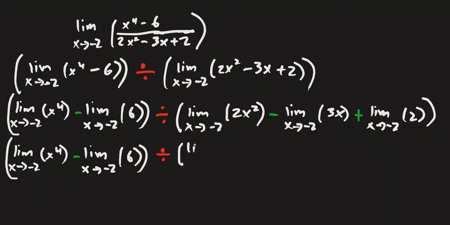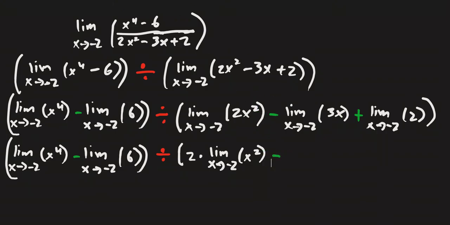Make this the limit as x approaches negative 2, and actually I should have put that 2 in front, that's my bad. So this is going to become 2 times the limit as x approaches negative 2 of x squared, and then this minus, and then the same thing over here.